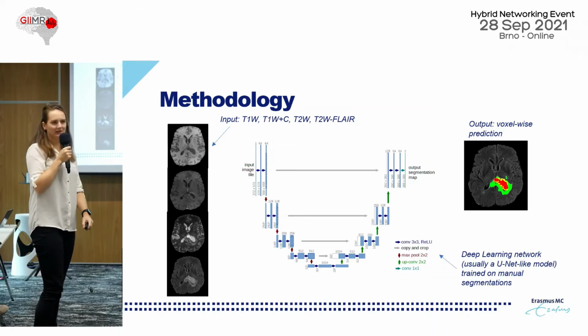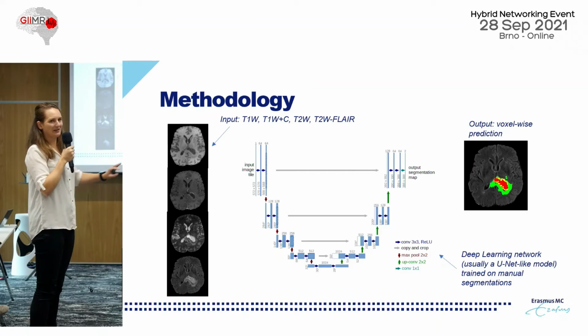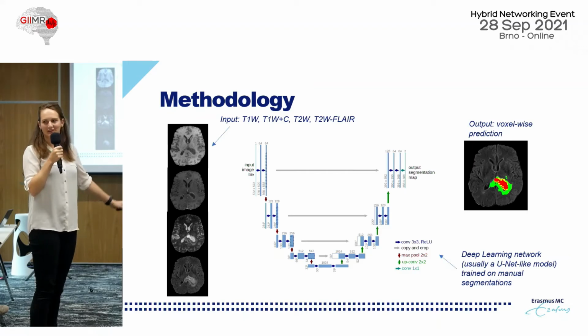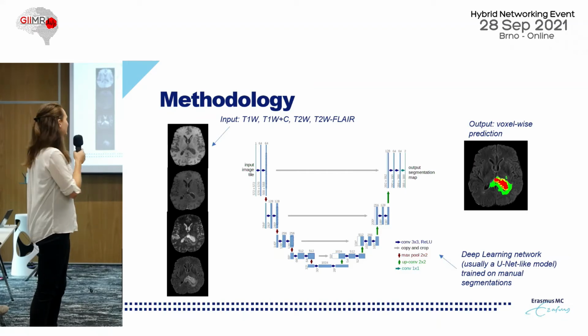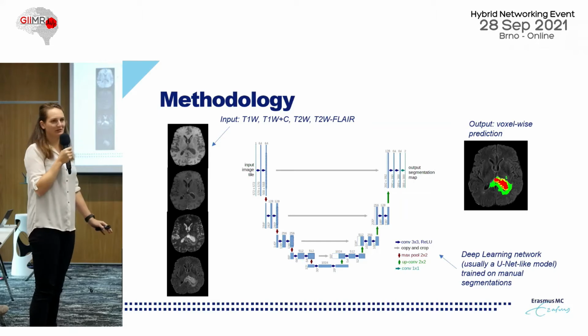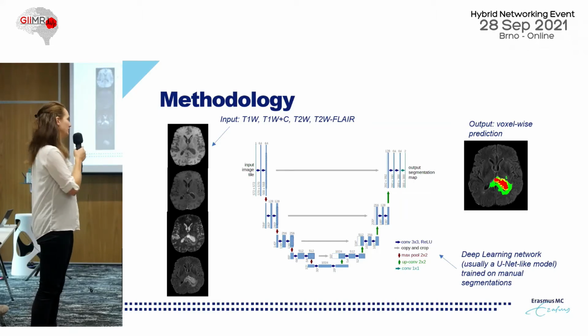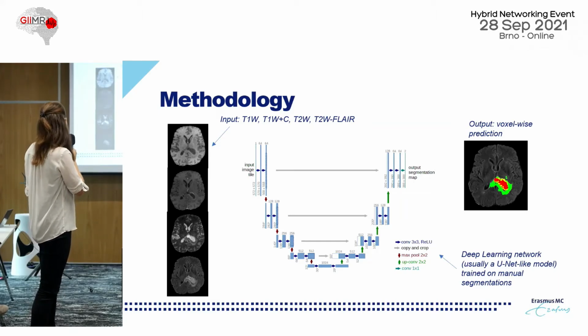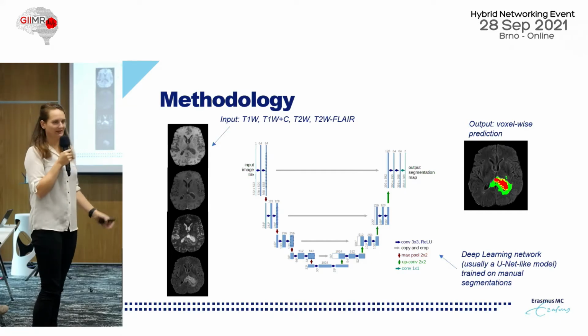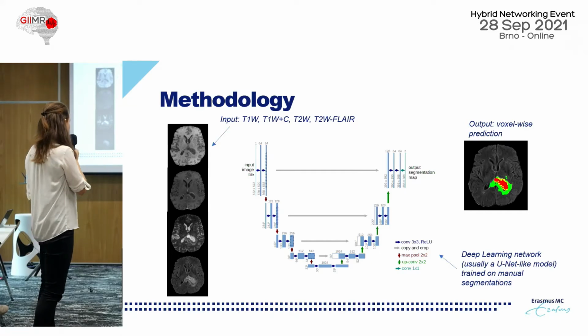So in general, methodology, of course every method is different. As I said, there's like 250 new methods per year, but most people use deep learning and they apply a UNet, and they take as input a T1 weighted image, a T1 weighted image post-contrast, a T2 and a T2 FLAIR. Then they throw deep learning at it, and in the end you get a segmentation.